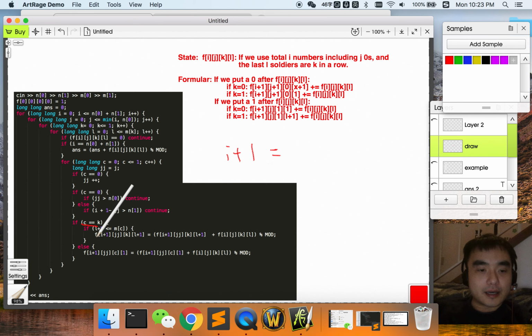So if it equals, then we are going to check whether L plus 1 is less than MC. This guy is still checking that we have valid states, right?